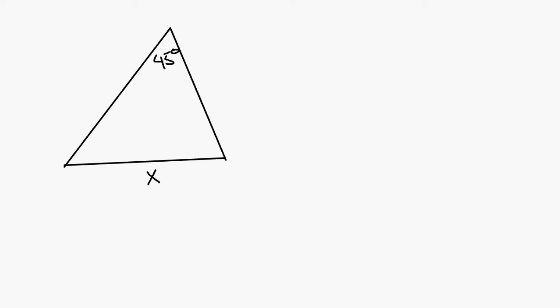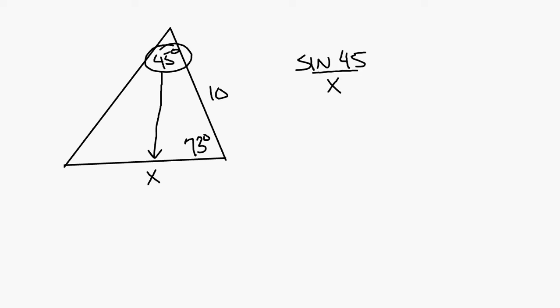And this side on the right side of the triangle is 10. So sine of an angle over its opposite side, sine of 45 over x, is going to be equal to the sine of an angle over its opposite side, and in this case, the angle that is opposite the 10. That's missing.